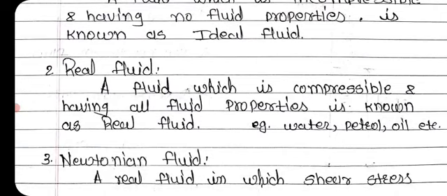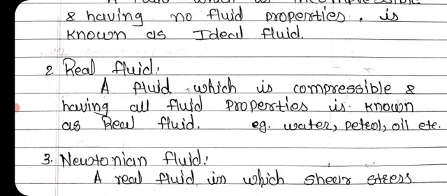So what is real fluid? A fluid which is compressible and having all fluid properties is known as real fluid. For example, water, petrol, oil, etc. So we can say that all fluids which exist in nature are known as real fluid.